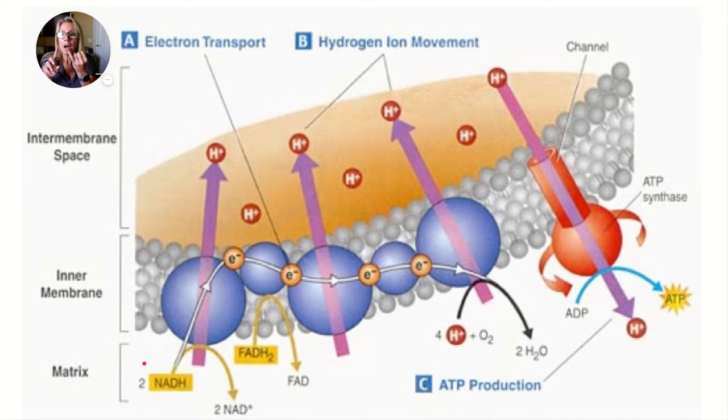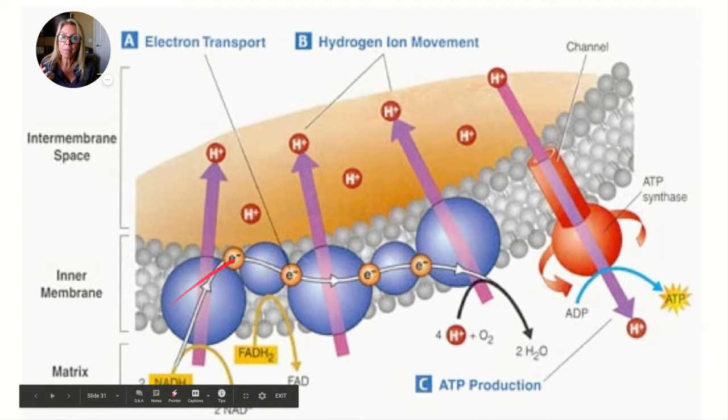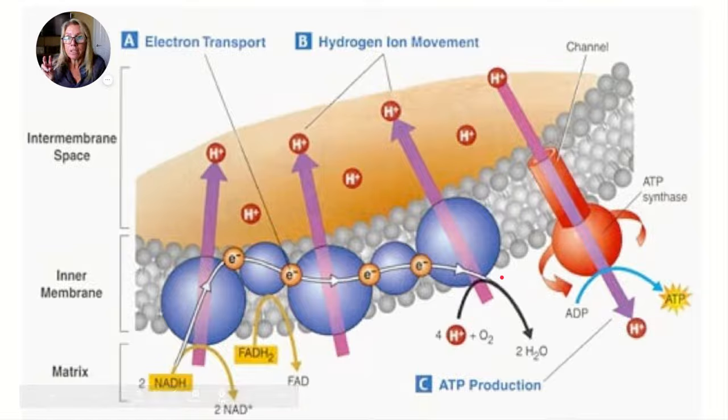Now, I want to talk about some NAD from glycolysis. Remember, transition prep is inside the mitochondria, and so is the citric acid cycle. Those NAD in there are the powerful ones that get to come in at the top. The 2 NAD that you made during glycolysis are out in the cytoplasm.